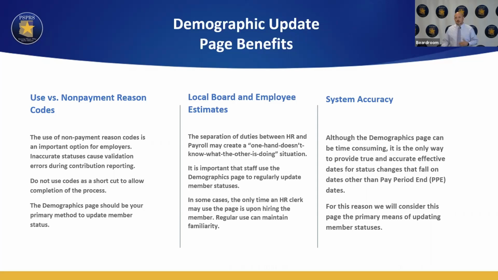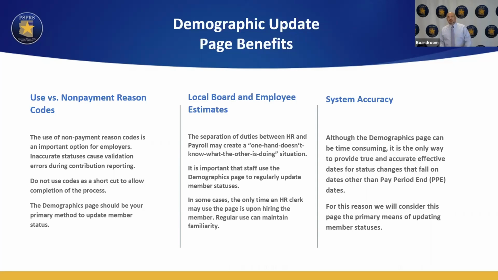Now, some of the ramifications of using the contribution process are that local board and employee estimates will be affected. Primarily, you'll see problems with drop entry for a member, but overall, anytime there's data that's inaccurate or incomplete in our system, it is going to lead to problems with validation and with members and local boards performing estimates.